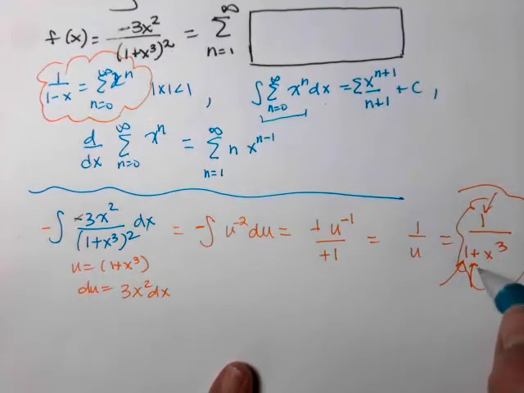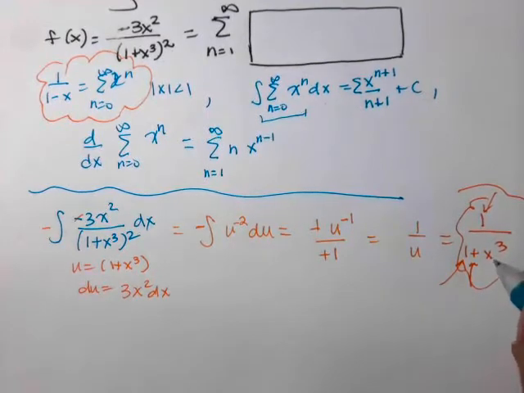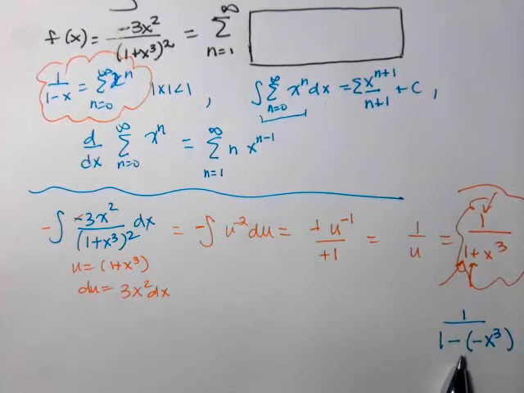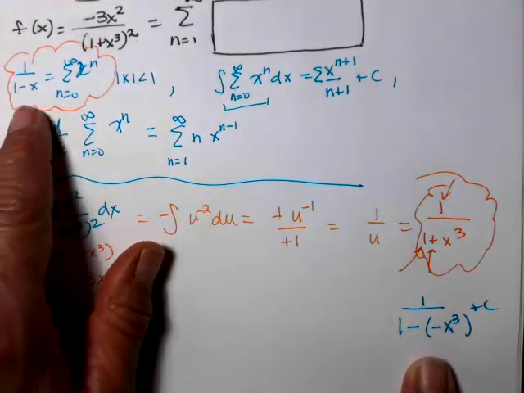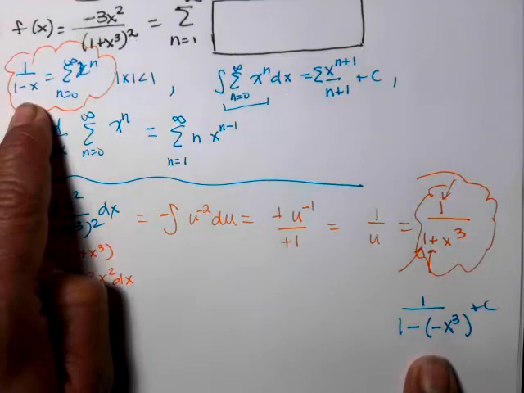So I've got the 1, but I need to make that a minus. So this will be 1 over 1 minus negative x cubed. So now my antiderivative, plus c, but I'm going to get rid of the plus c in just a second, matches pretty closely with my geometric series.